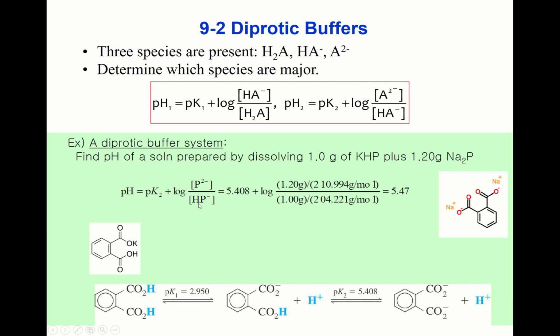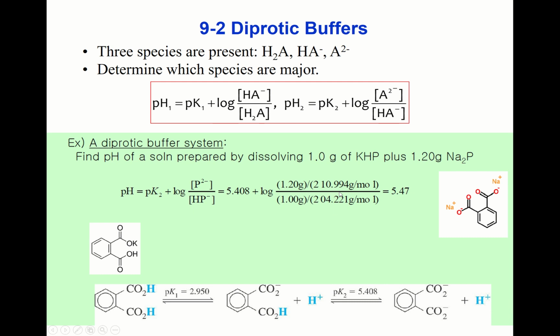For hydrogen phthalate, the KHP formula mass is 204.221. We calculate the moles, and then we got a pH of 5.47. This is very simple.